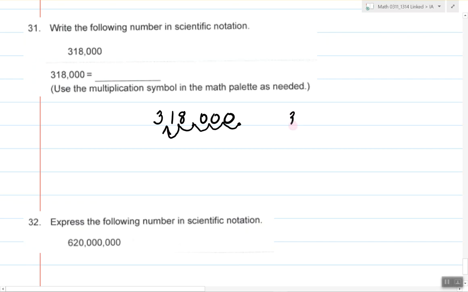So this is going to be 3.18 times 10 to the, now is it going to be a positive 5 or a negative 5? It's a big number. Put positive 5. So once I have determined that the decimal point goes here and it takes 5 moves to get there, then I don't write these zeros down. They don't show up over here.